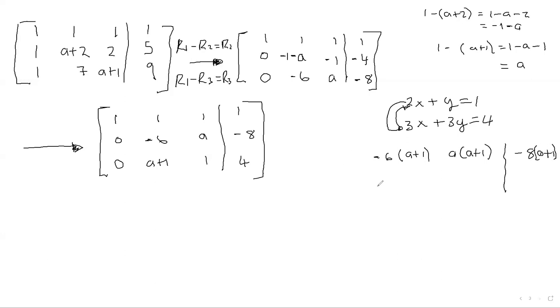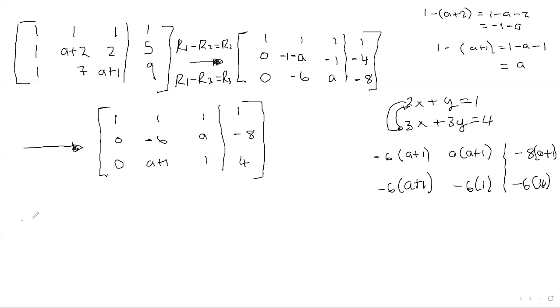And then this one I'm gonna multiply by 6: minus 6 times a plus 1, minus 6 times 1, and minus 6 times 4, right? And now this is the same, right? So I can just say this minus this, I get 0.